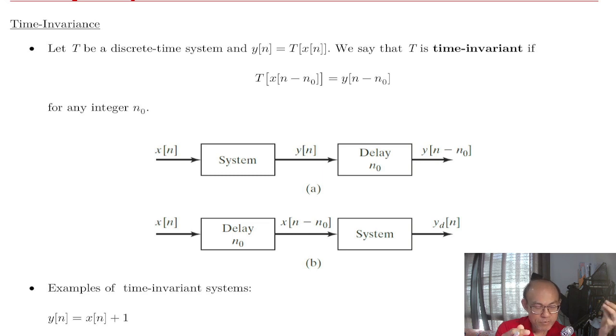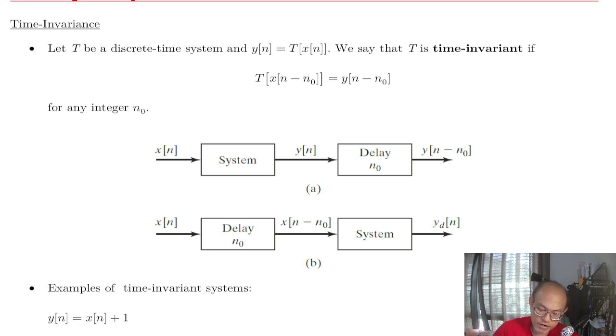For example, if you give the input at time 0 and the output is a certain signal, then if you give the input 1,000 samples further ahead in the future, the output would still be the same, except that it would shift to the right, consistent with the time at which you apply the input, but the shape of the output would not change. The shape of the output indicates the behavior of the system, right? And that is basically a time invariant system.